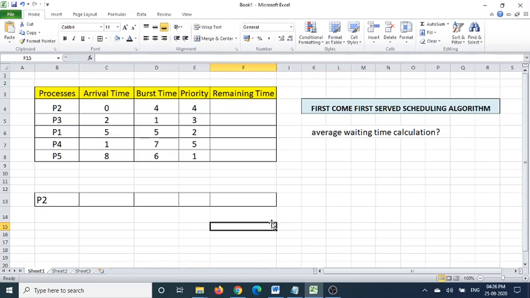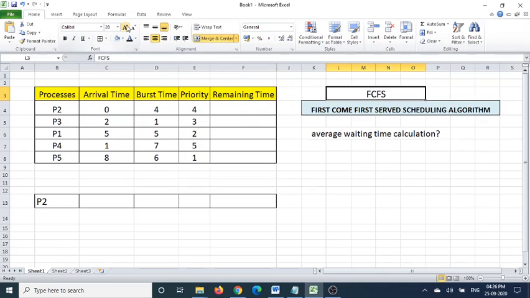That is called preemption. Non-preemptive means once a process gets the processor, it will never leave it; it will go on running till it finishes. This is usually called FCFS, first come, first served, and in FCFS it is usually non-preemptive. That means once a process gets the CPU, it will run to the finish.